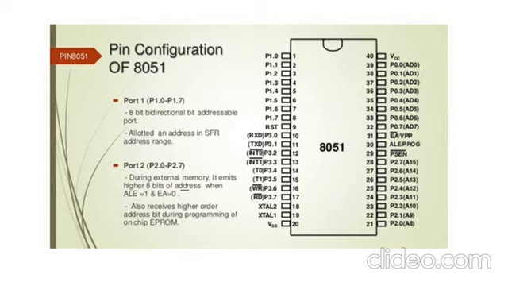Whenever EA is 0, external memory is used. Then ALE will be equal to 1, and only then will the port act like the higher order address bus. If it is not equal to 1, it will act like a normal input output port.